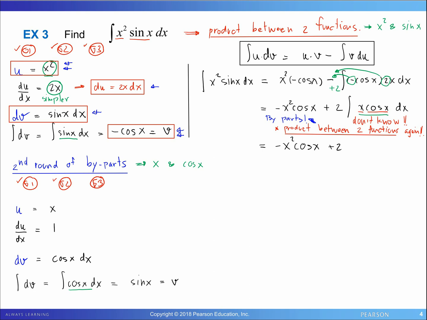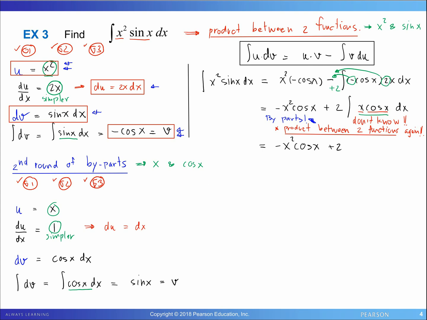Now for g3, du is equal to 1. Simpler than u, which is equal to x. Is constant 1 simpler than x? Of course, this is simpler, a constant. So g3 satisfied. Check. With this, we also know that du is equal to dx.